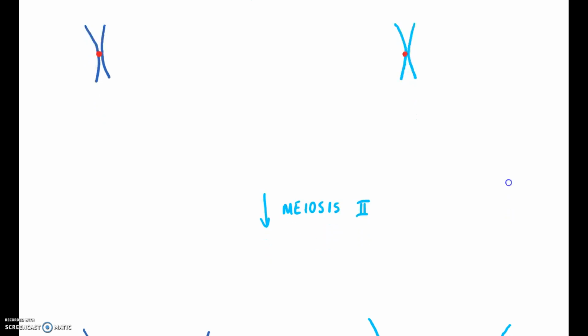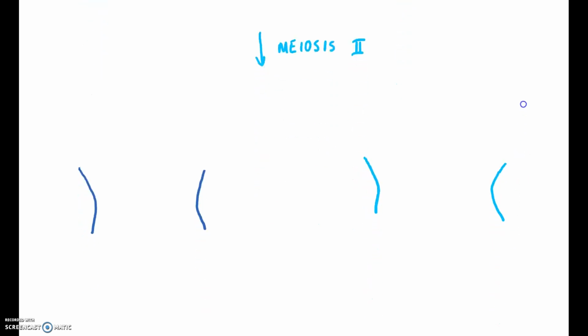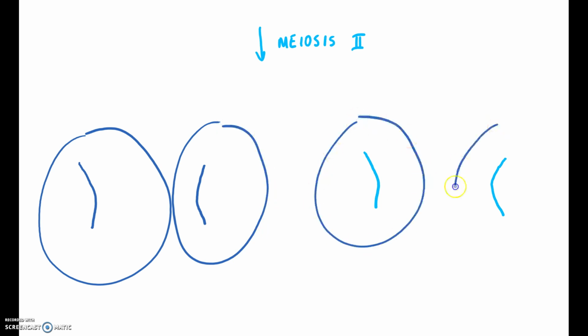So in meiosis 2, these complete chromosomes then split and become the individual chromatids. Now at this point, if you think about it, we have 1, 2, 3, 4 haploid cells. They do go through interphase, and consequently they do then replicate their DNA.